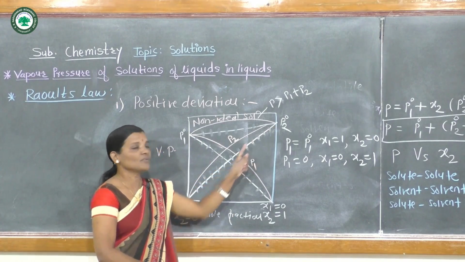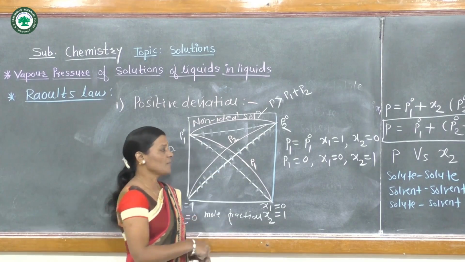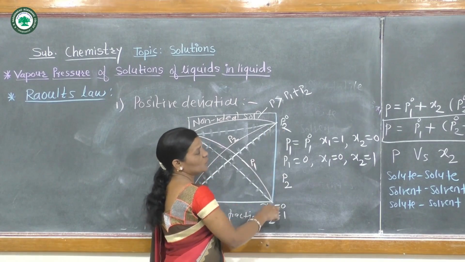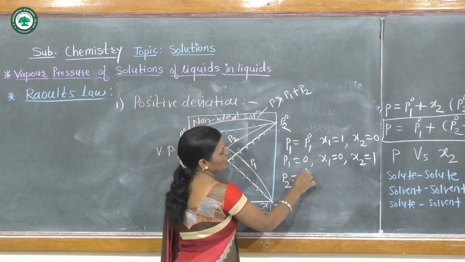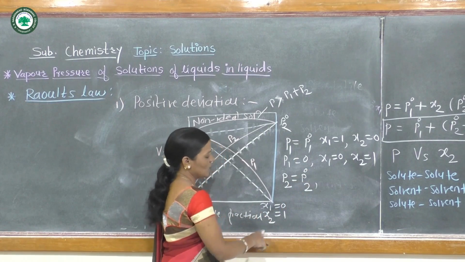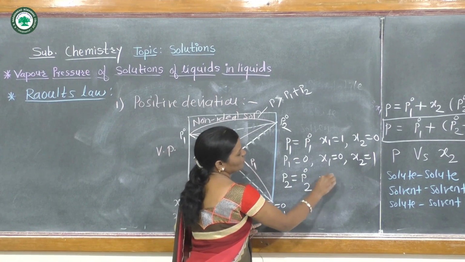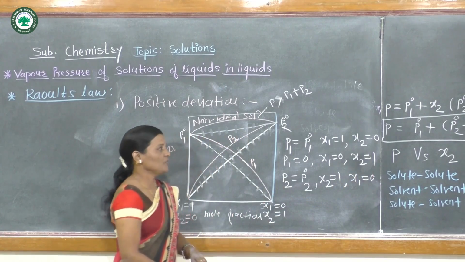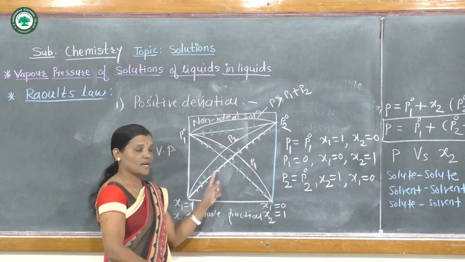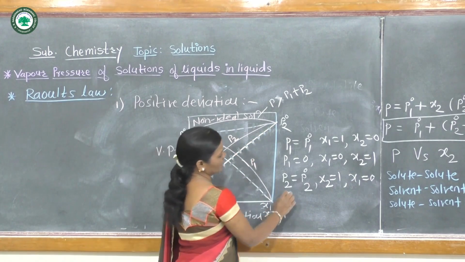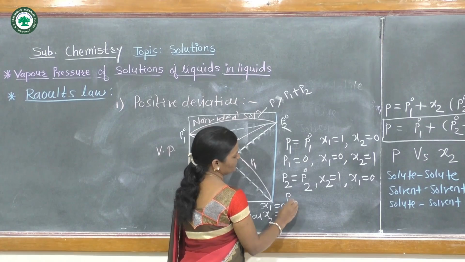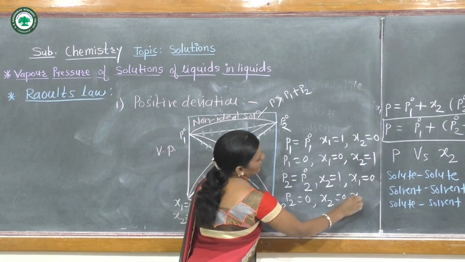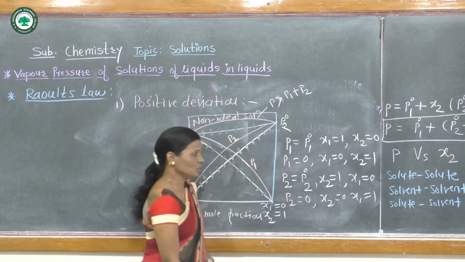Now if we consider the second volatile component, its partial vapor pressure is P2, and when P2 is equal to P02, then x2 is equal to 1 and x1 should be 0, and when this P02 falls to 0, then x2 should be 0 and x1 should be equal to 1.